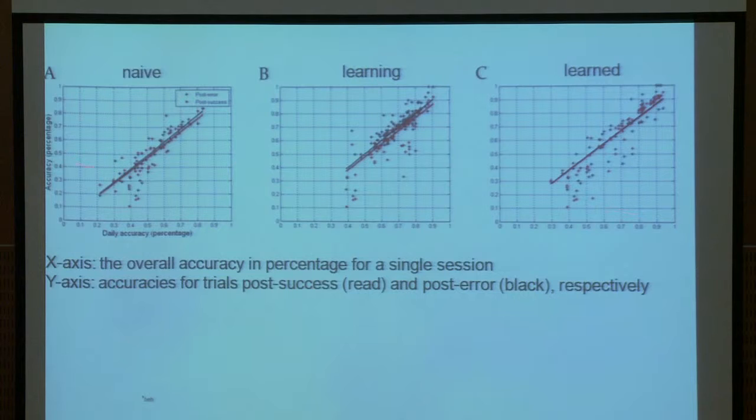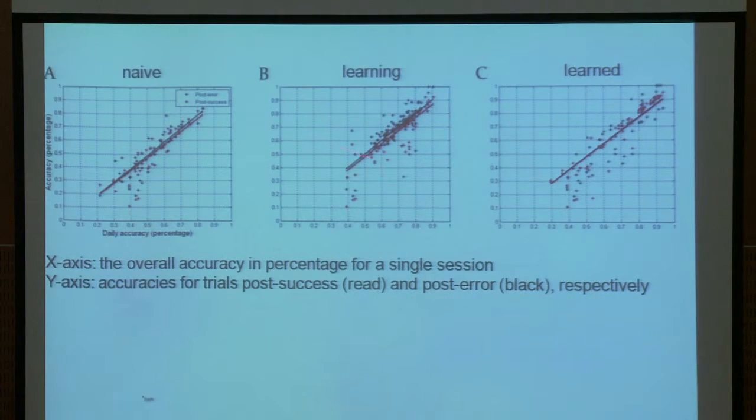And we see this type of learning in psychophysical experiments as well from other people. What's interesting here is, if you focus on the learning stage, during the naive stage and during the learn stage, statistically you don't see a clear difference of error correction.